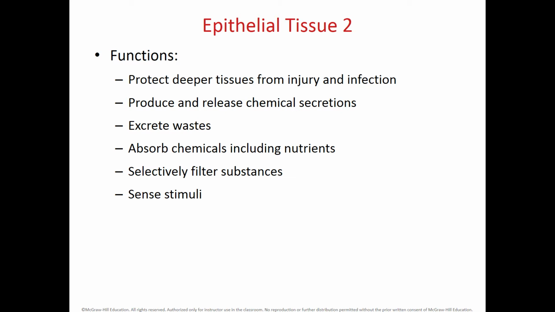Many cells absorb chemicals like nutrients, in the case of the small intestinal cells, or water. Another function is filtration, and all of the substances that leave the blood are selectively filtered through the epithelium that lines the blood vessels. Also, all the urinary waste is filtered through the epithelia of the kidneys.